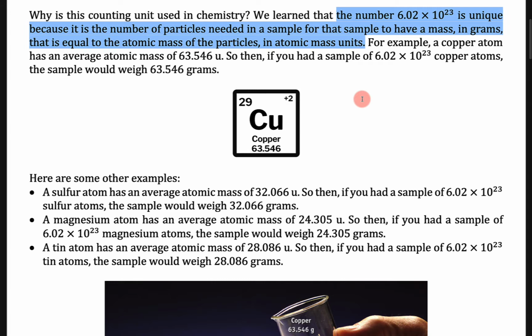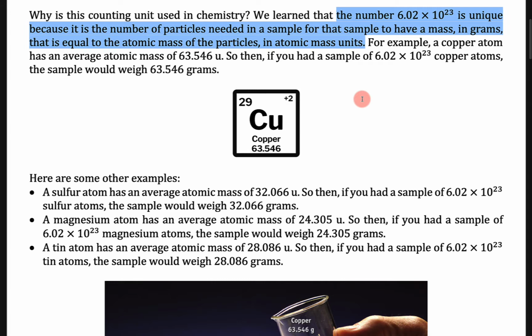The number 6.02 times 10 to the 23 is unique because it is the number of particles needed in a sample for that sample to have a mass in grams that is equal to the atomic mass of the particles in atomic mass units. We're going to see some examples to make clearer exactly what that means, because I know that's a mouthful and it's kind of hard to follow.